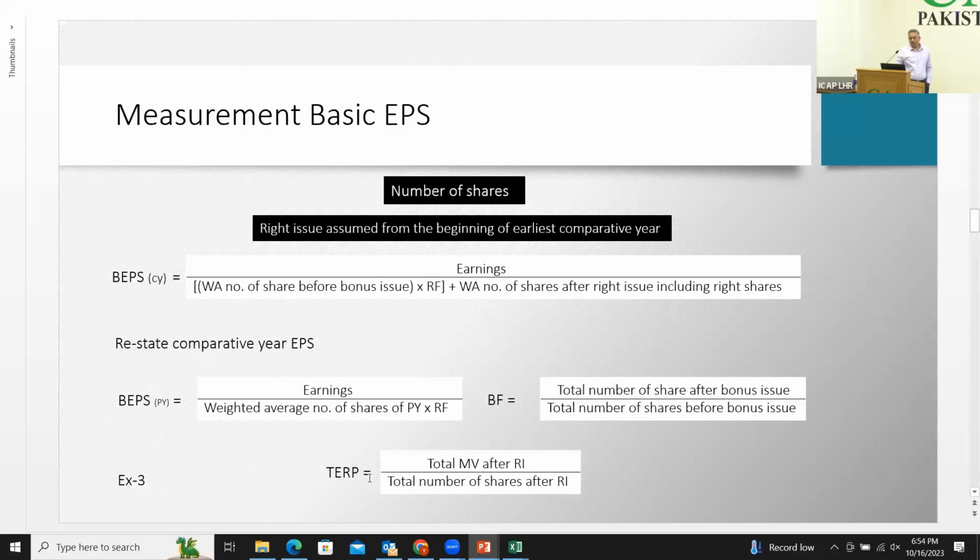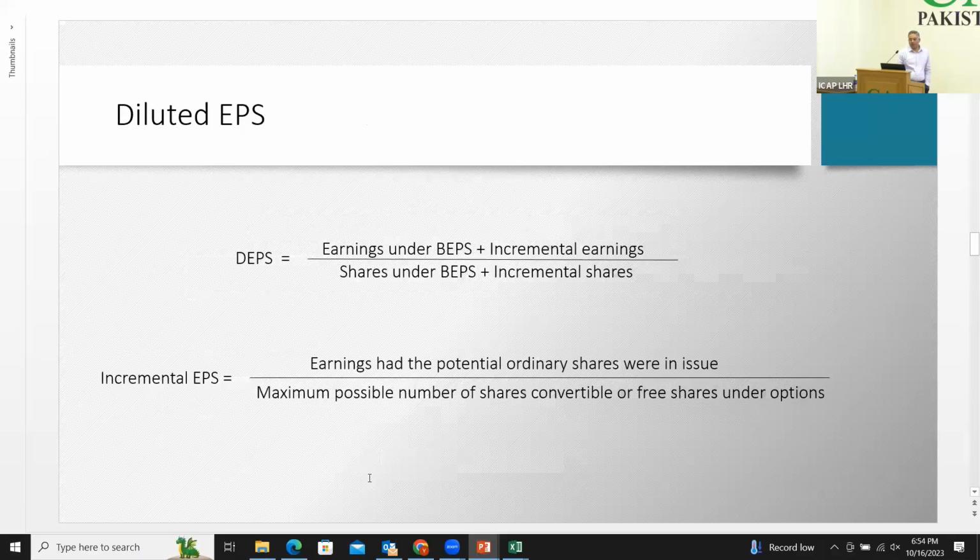Now we have diluted earnings per share. Basically, in case of diluted earnings per share, you calculate incremental EPS. First of all, the question arises whether the potentially issuable shares are dilutive in nature or anti-dilutive in nature. And the standard requires that the most dilutive earnings per share should be reported.